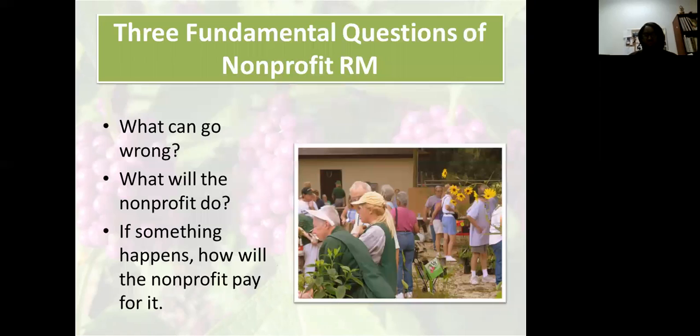consequences. So when you're developing a risk management plan, there are 3 questions that a nonprofit, or even if your organization is a nonprofit, your Master Gardener program should think about. What can go wrong? And believe me, things will go wrong. So it's forecasting what can possibly go wrong.